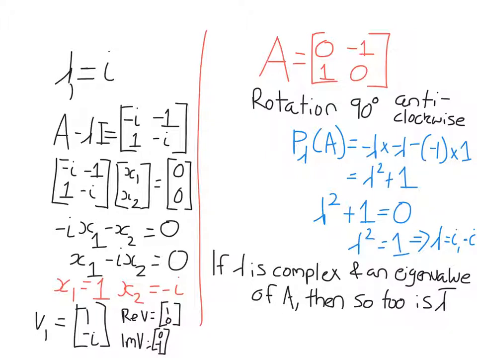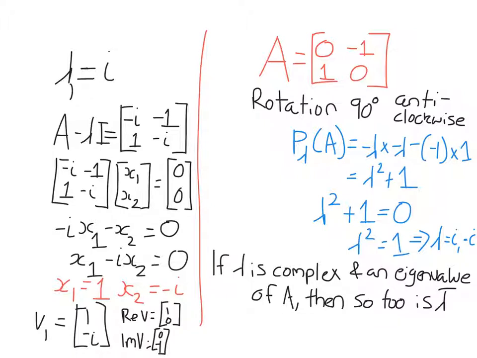The real part of a vector just includes all the real parts of each of its entries, and the imaginary part of a vector is just the coefficient of i of each of its entries. And note the imaginary part of v is actually a real vector.